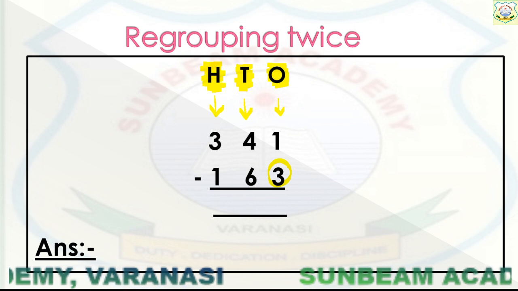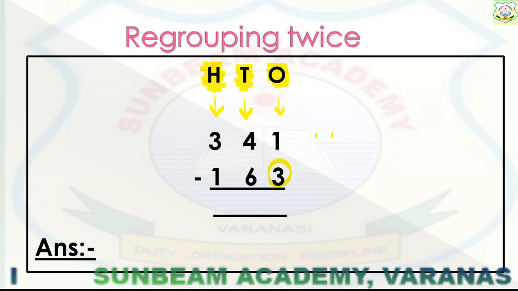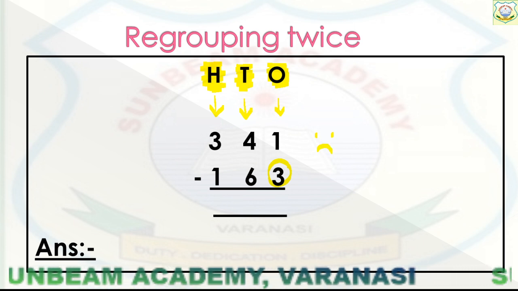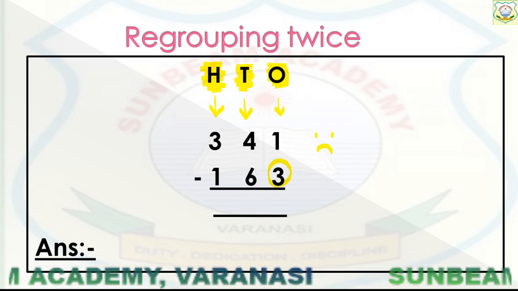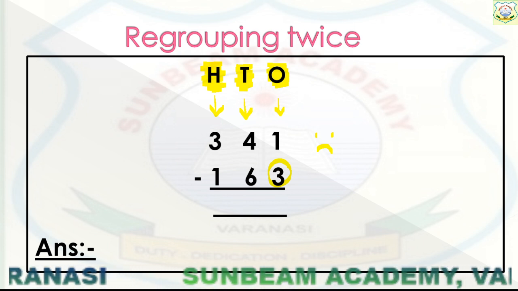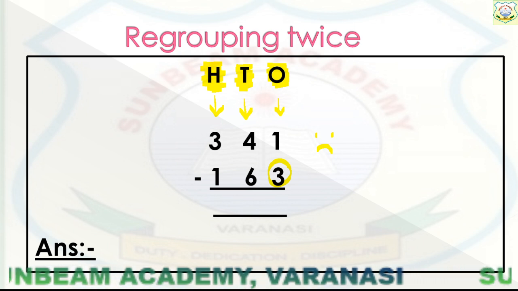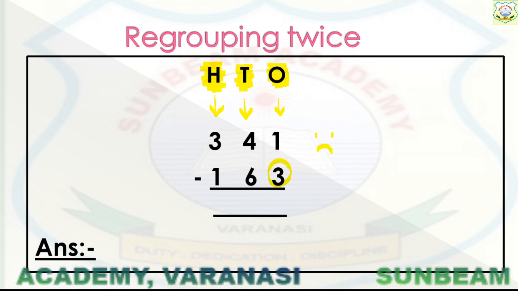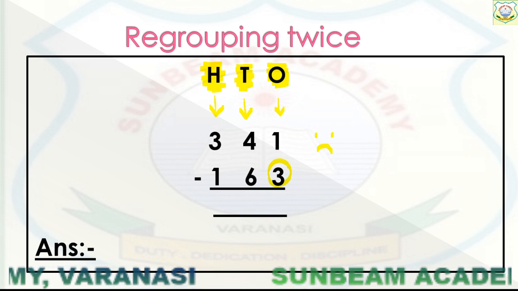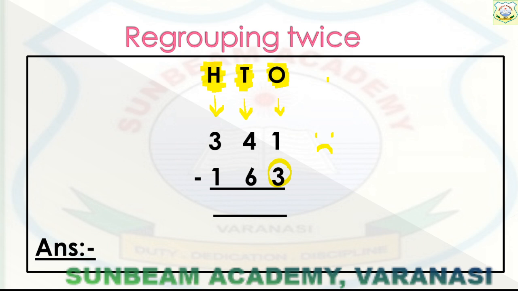No. So now 1 is becoming very sad, because it can't subtract the 3. So it has to take a borrow. Now 4 is very happy that 1 is going to take a borrow from me.